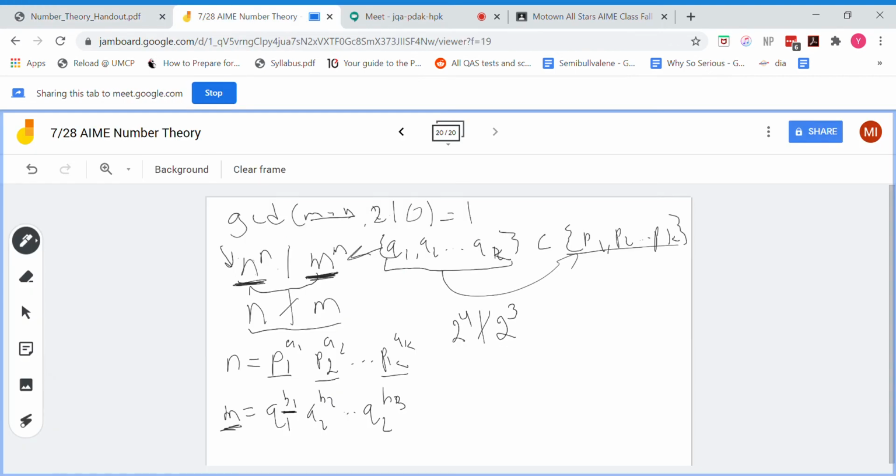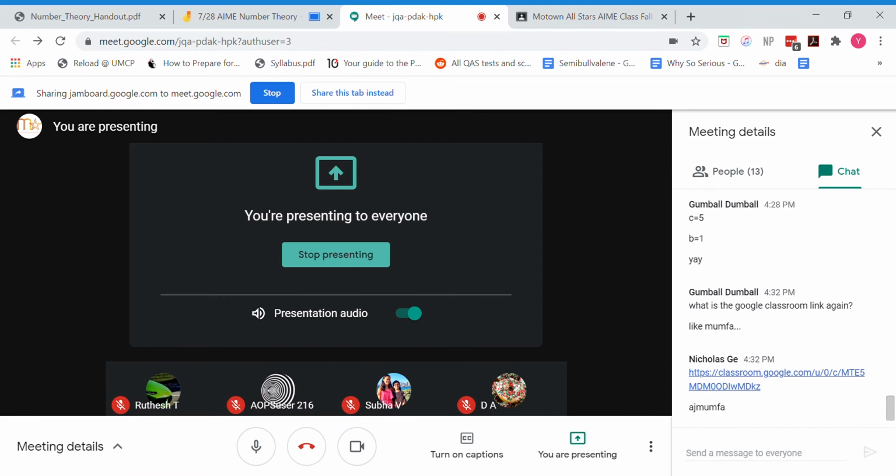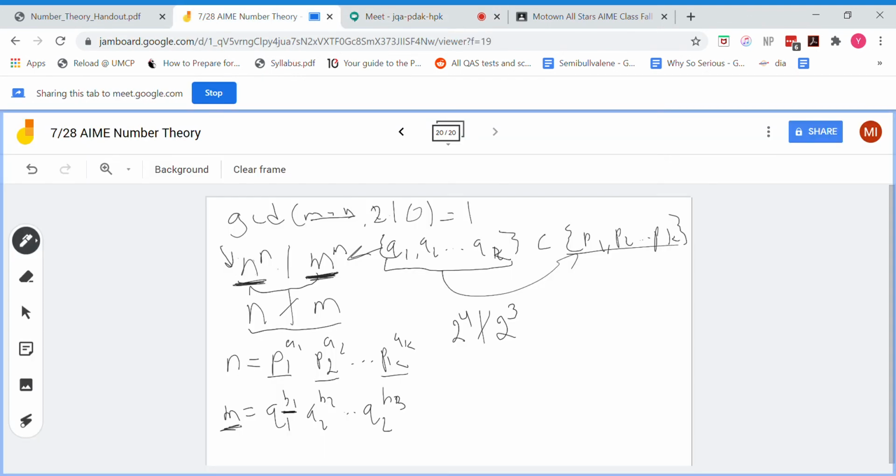So where might we go from here? Any ideas? Okay, so one more thing to notice. What happens if all of these exponents, a1, a2, all the way to ak, are 1?